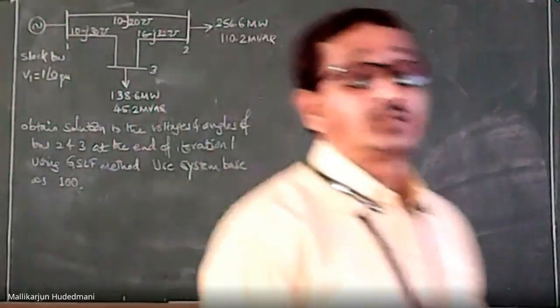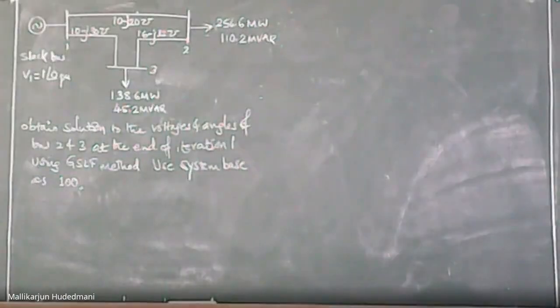The problem is given with the connectivity. You have 3 buses. Bus number 1 is a slack bus, which is a generator. Bus number 2 is a load, where you have P and Q mentioned. And you have a transmission connection from bus 1 to 2. And you have bus number 3, again a load, with P and Q mentioned. You have bus 1 to 3, a transmission line, and bus 2 to 3, a transmission line.